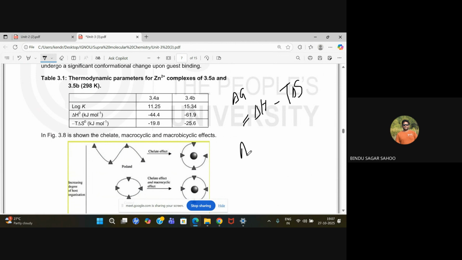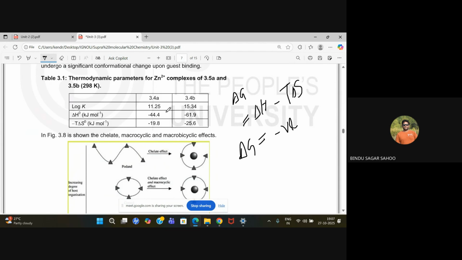So if ΔG is more negative, the reaction will be more feasible and more spontaneous, or the stability will be more. You can see here that the TΔS value will be a little bit more negative for the macrocyclic effect.